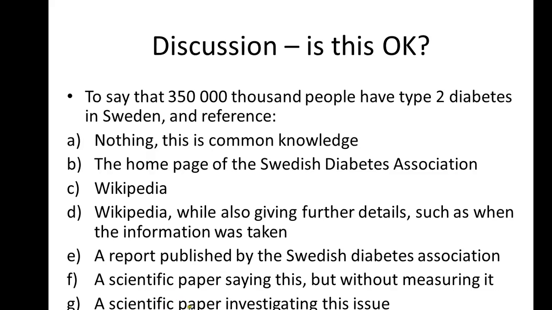But sometimes that paper is very old, and then it might also be good to point to a scientific paper that cites this paper, but that is newer and has taken all the possible contradictory results into account. So a combination of F and G is probably the best for these kinds of statements, or any types of statements where you want to do a reference. But this is in principle okay.